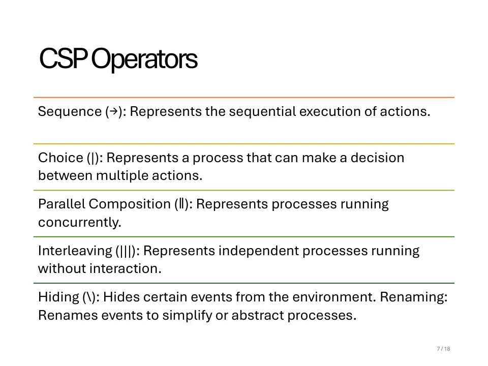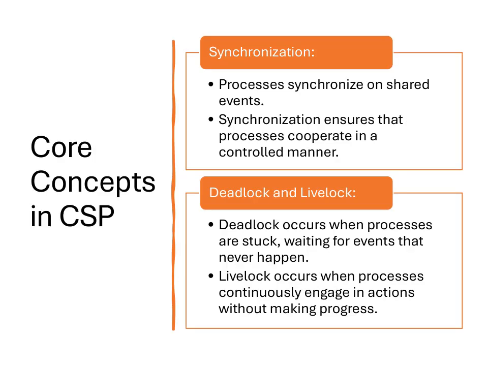Interleaving is similar, but here processes run independently without interacting with each other. The hiding operator is used to conceal certain events from the outside environment, keeping some details private. Renaming changes event names to make processes simpler or more abstract. These operators give us a precise way to describe complex behaviors in concurrent systems.